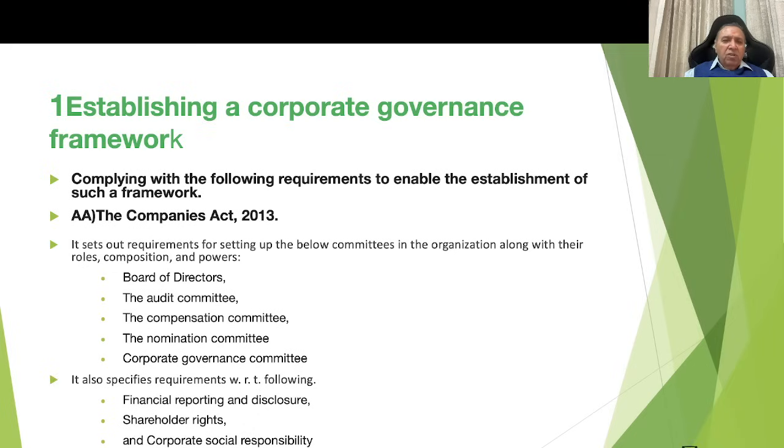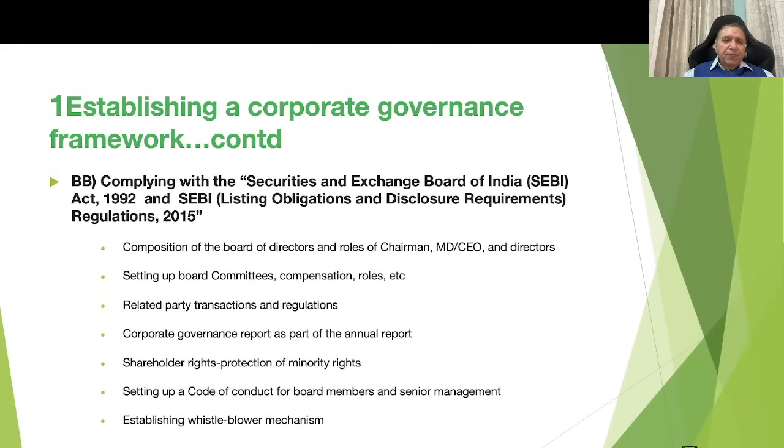Now it sets out requirements for setting up the below committees in the organization along with their roles, composition and powers, like board of directors, audit committees, compensation committees, nomination committee, corporate governance committees. Then the Companies Act also specifies requirements with respect to the financial reporting and its disclosures, shareholder rights and corporate social responsibility. These all need to be complied with.